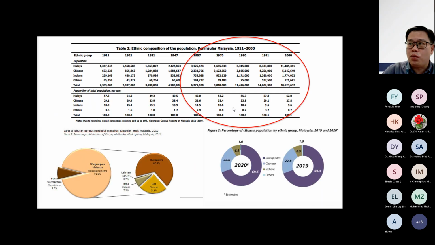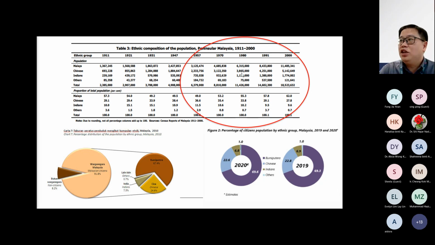Here I want to stress demographics. When we talk about transformative learning, about being transformative and adapting, it is important for us to see who our local demographics are. These are basic statistics that I took from Jabatan Statistics.